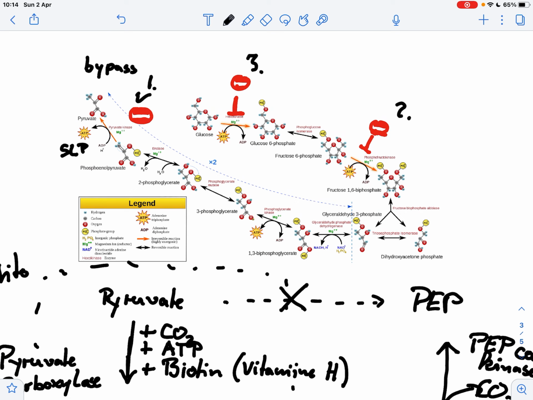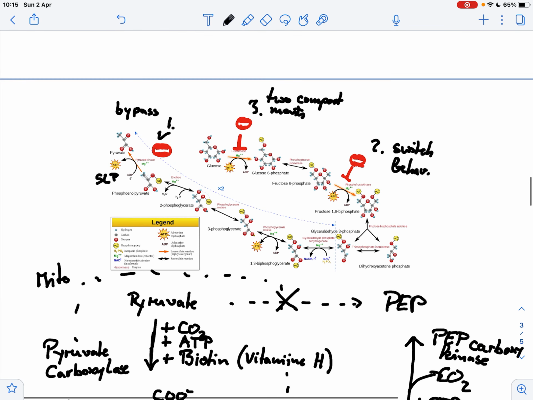In this step here we had the switch behavior, and in the third step we had two different compartments, namely the ER and the cytoplasm, to basically overcome these roadblocks that stop us from running the glycolysis in reverse.